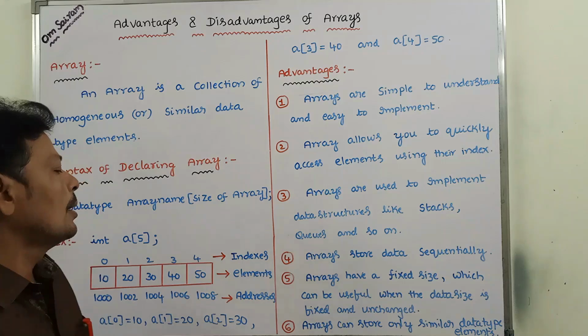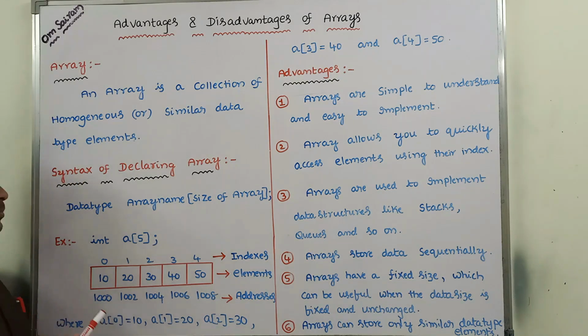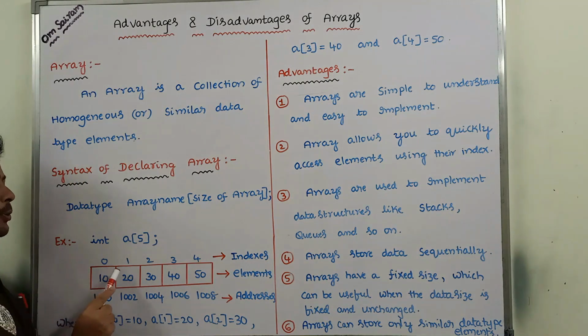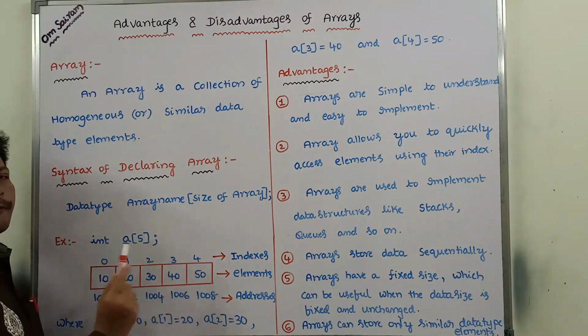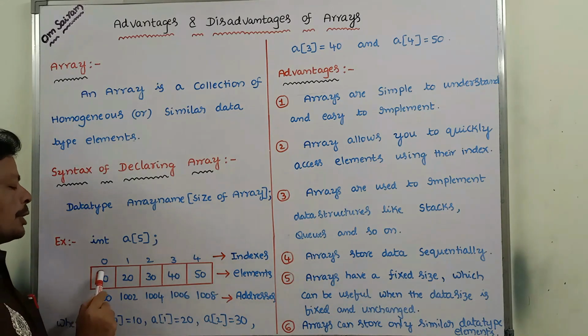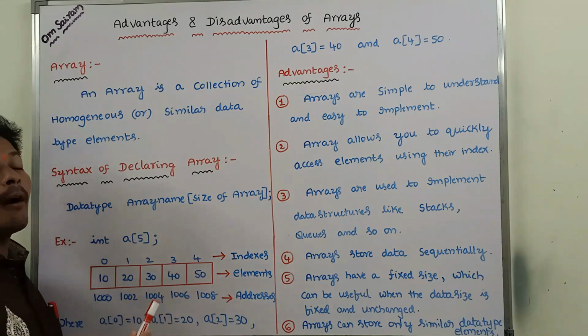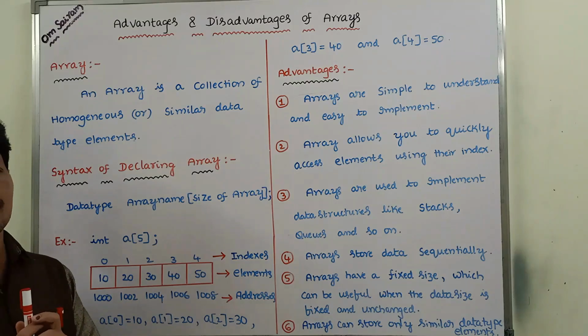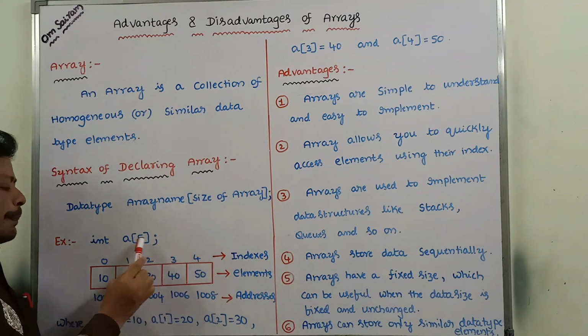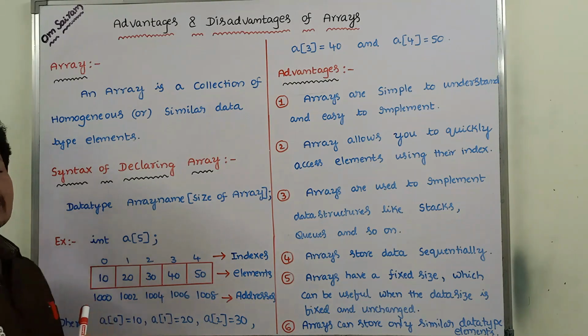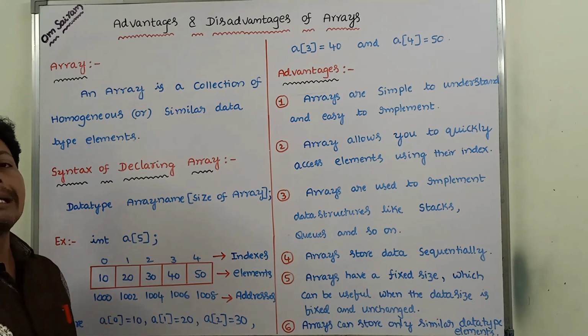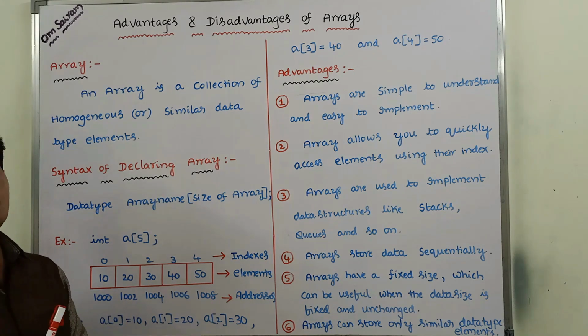For example, we take 10, 20, 30, 40, 50. These are integers. To represent these integers, we require an integer array.